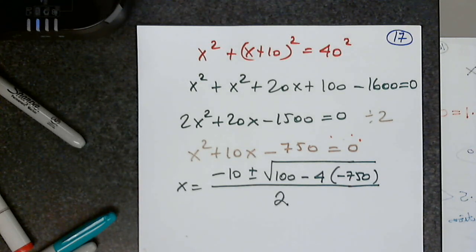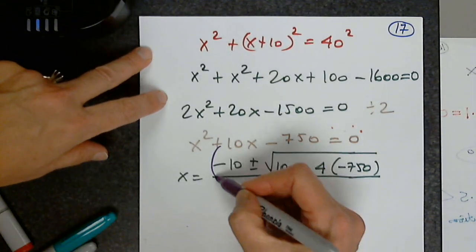Where is my calculator? Here it is. Now, when you put this in the graphing calculator, I recommend putting it in one step, but you have to be very careful with parentheses. So let me come back here for a second.